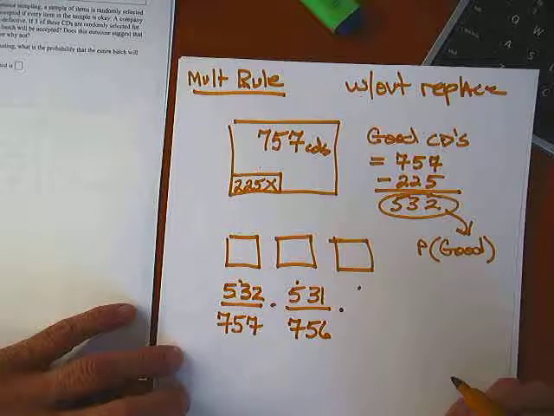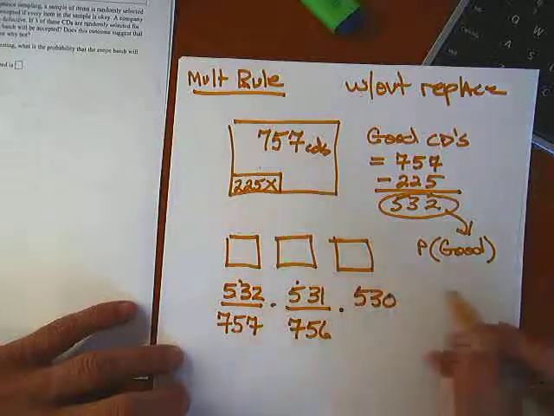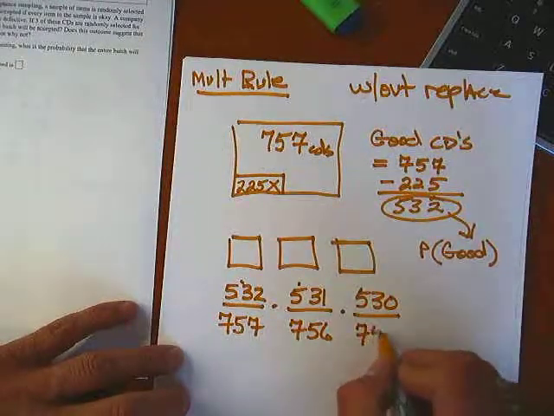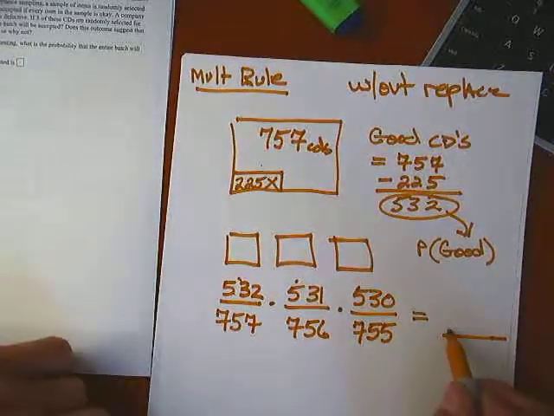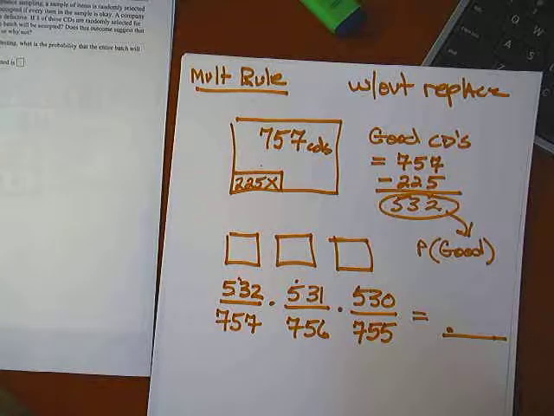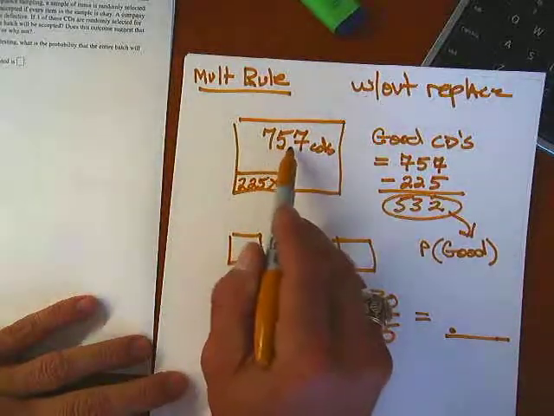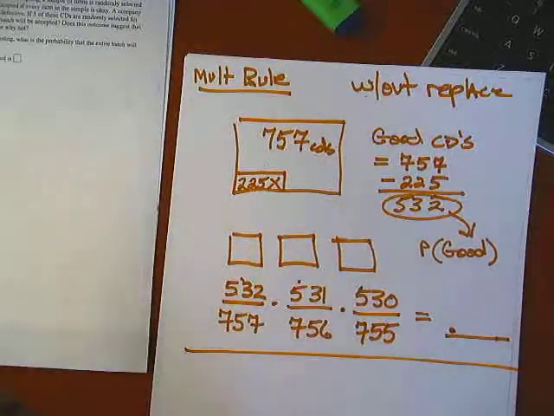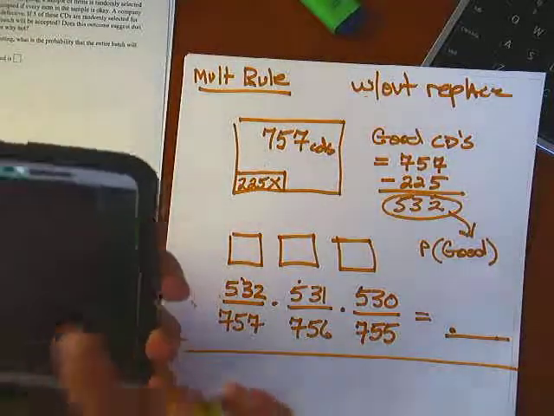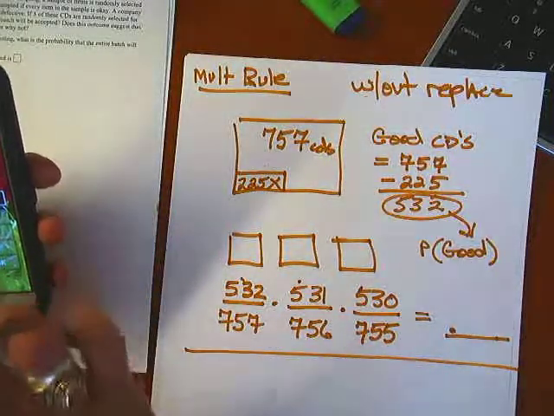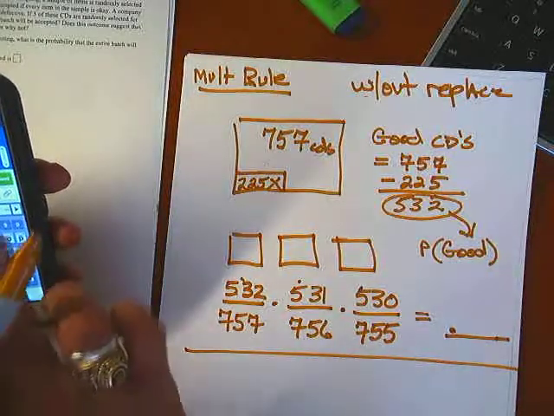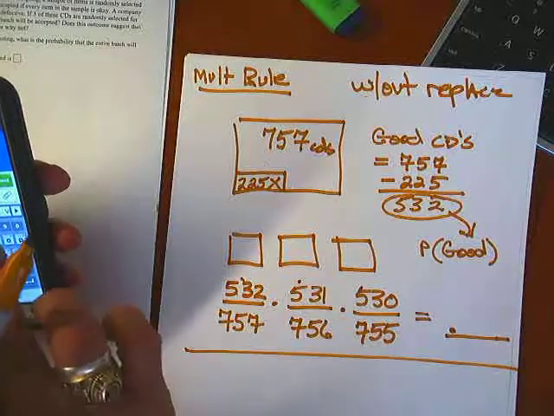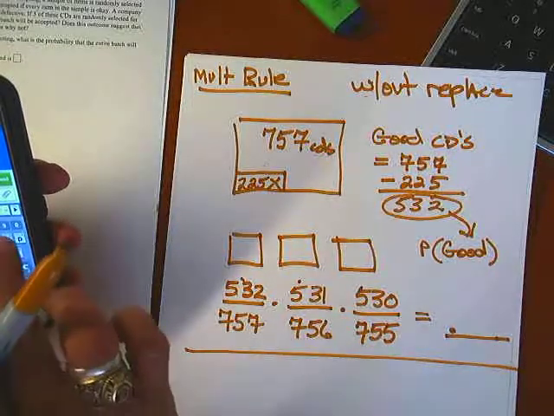So you set up your three fractions, and that would be 532 over 757. Without replacement means you put it in your pocket, like the marble. So that would be 531 over 756. And then 530 over 755. Do that math and you're going to get some number, some decimal between 0 and 1.